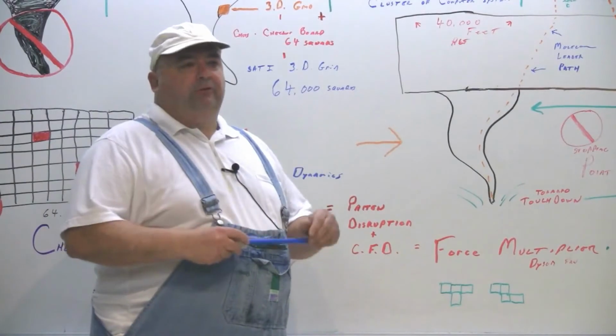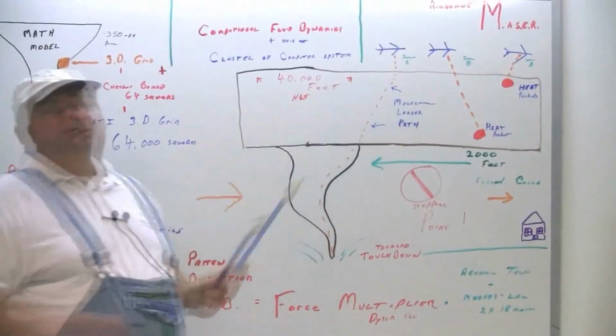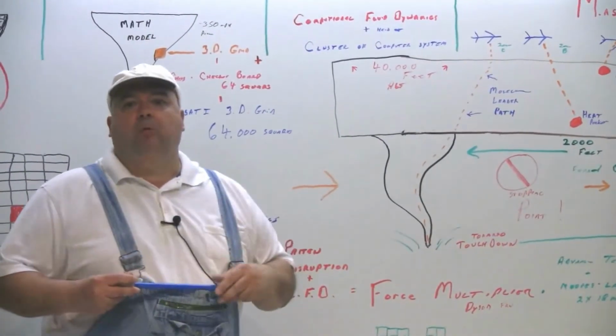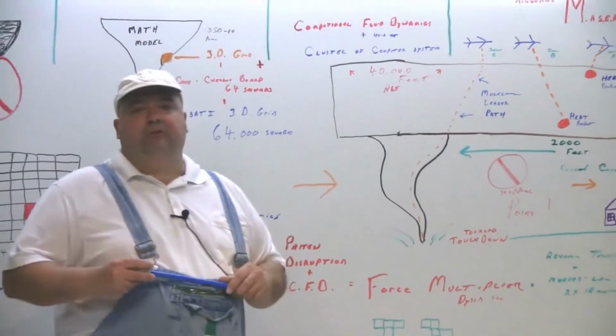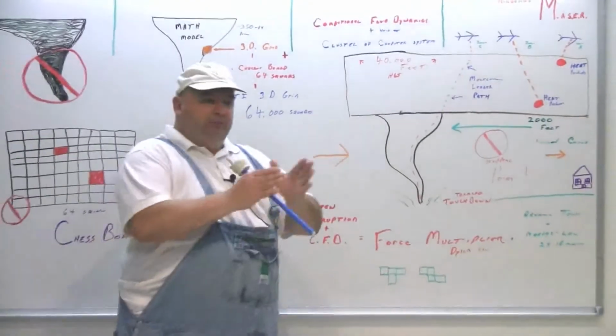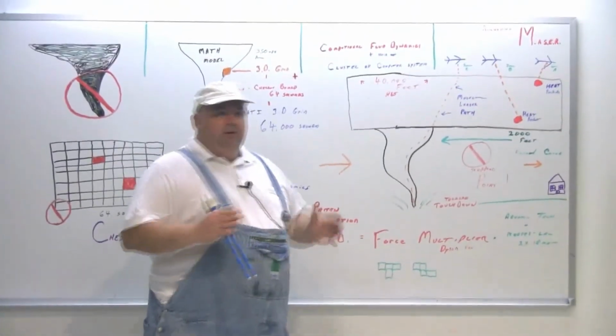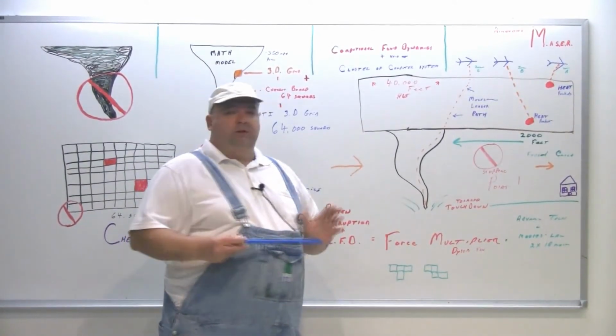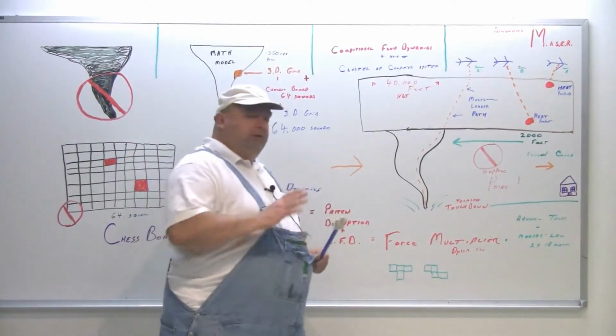Different patterns of the maser, when it's shot out, will have different manipulating forms or forces upon the pockets of air. It may split the air. It may go counterclockwise, clockwise, whatever. Go vertical, horizontal. I'll get to that much later.